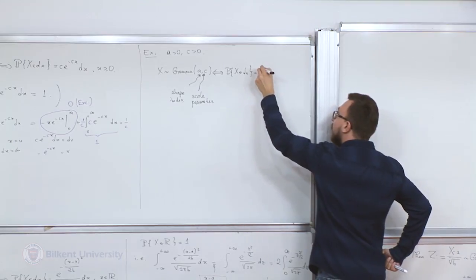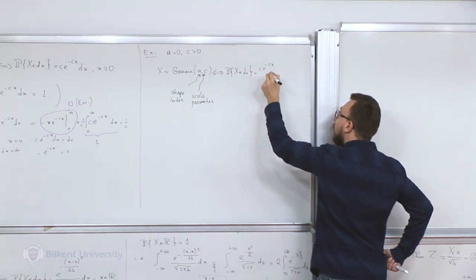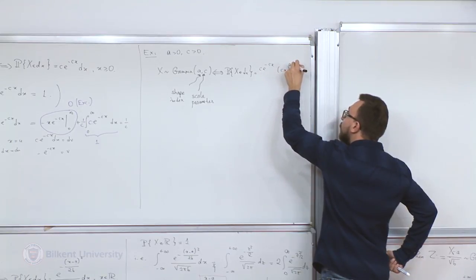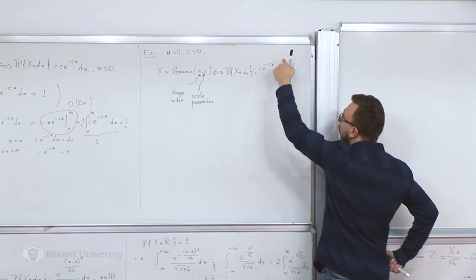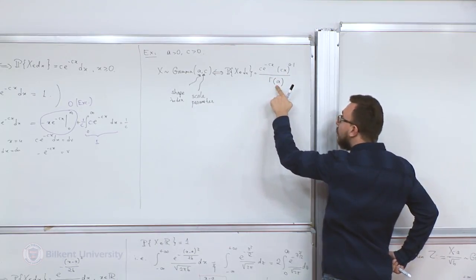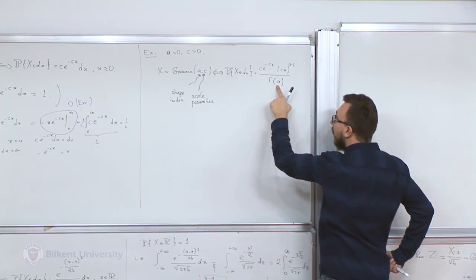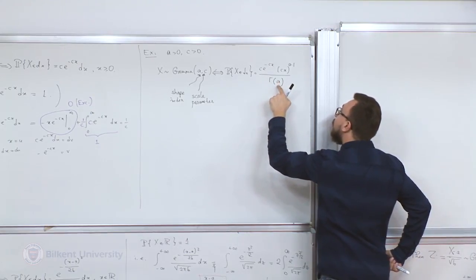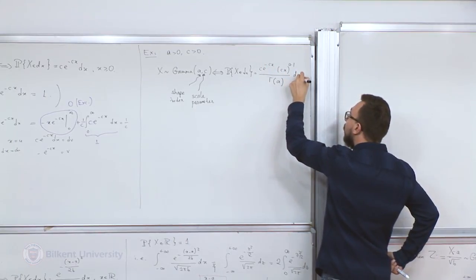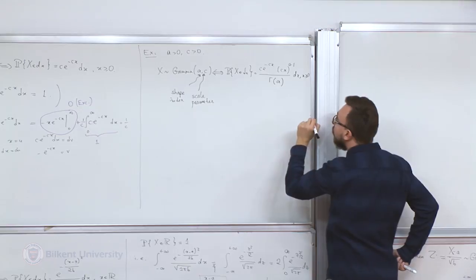So it starts like an exponential, then (cx) to the power a minus 1. So when a equals 1, you don't have this part. Divided by some number which only depends on a, and which makes sure that this is a probability density function, dx for positive x.